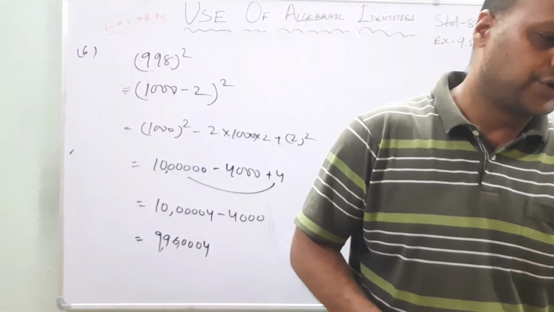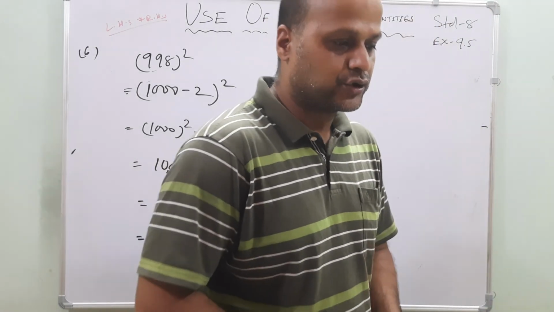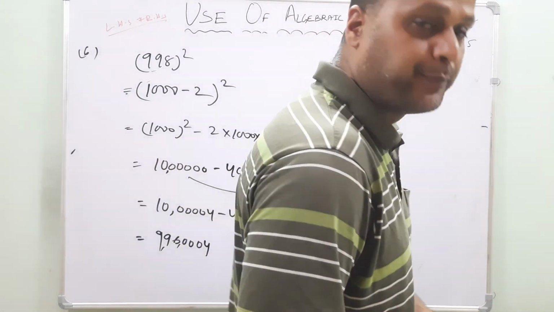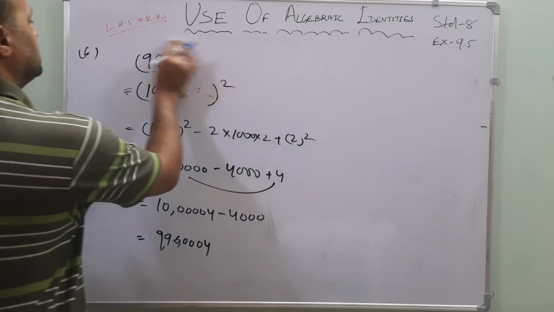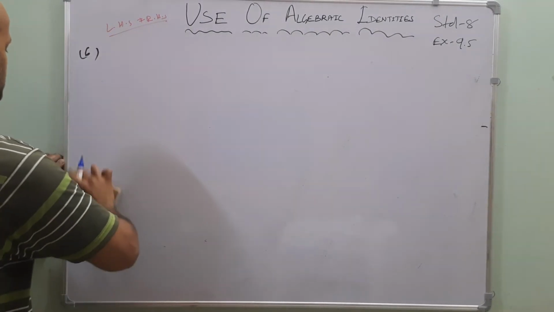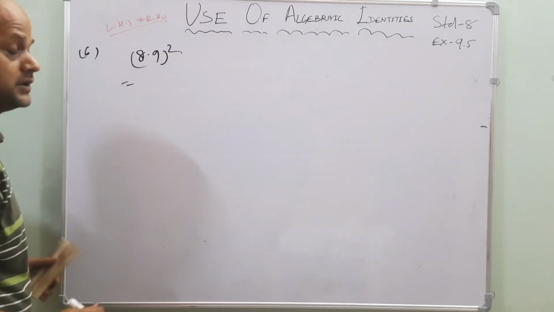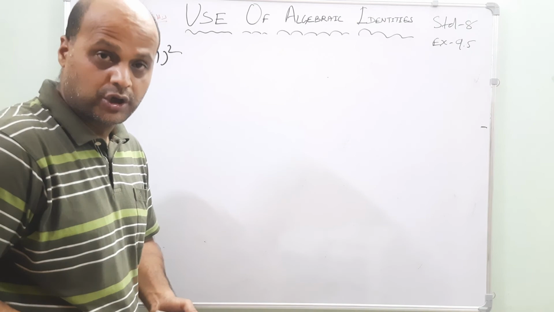So let's do another one. Let's go to 8.9 square. Another decimal has come here. 8.9 whole square. What is the nearest? Please bring this into a whole number fast.